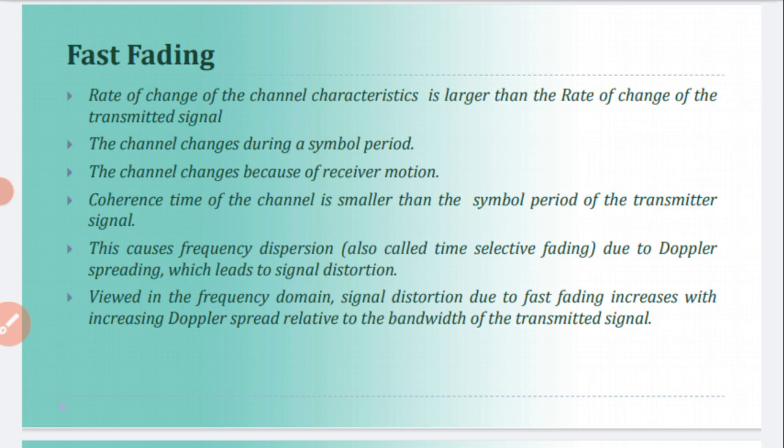The channel changes during a symbol period because of the receiver motion, so the coherence time of the channel is smaller than the symbol period of the transmitted signal. Here the coherence time Tc is less than Ts.